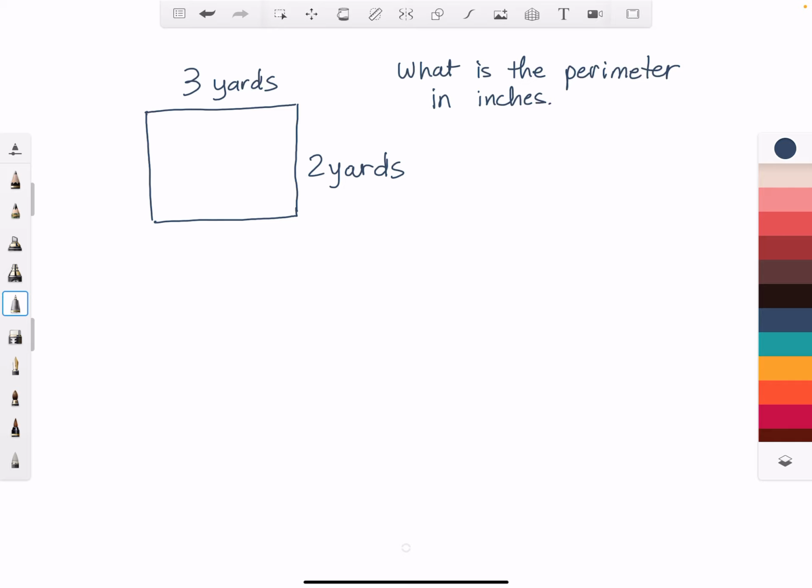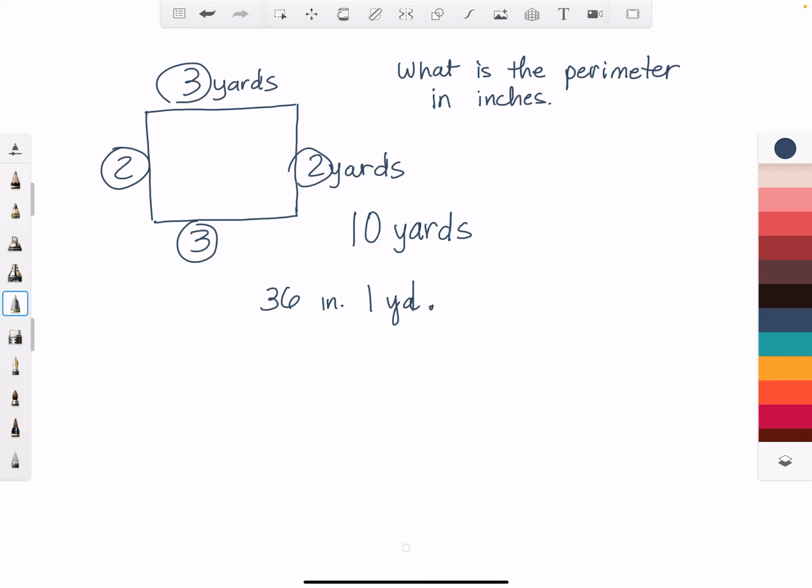Okay, now first of all, let's find the perimeter in yards. Since there's 3 yards on this side, there'll be 3 on this, and there's 2 on this side, so there'll be 2 yards on this side, and that makes a total of 10 yards. So now we want to convert our 10 yards into inches. Well, we know that there are 36 inches in 1 yard, right?